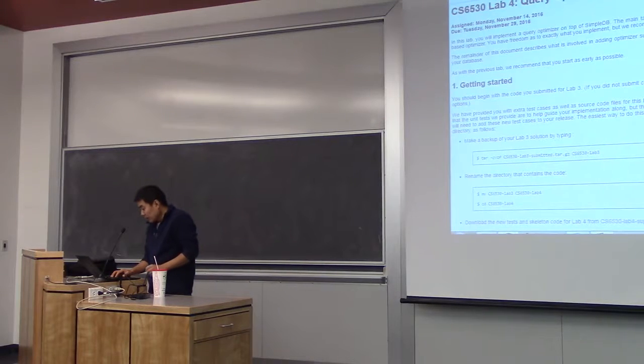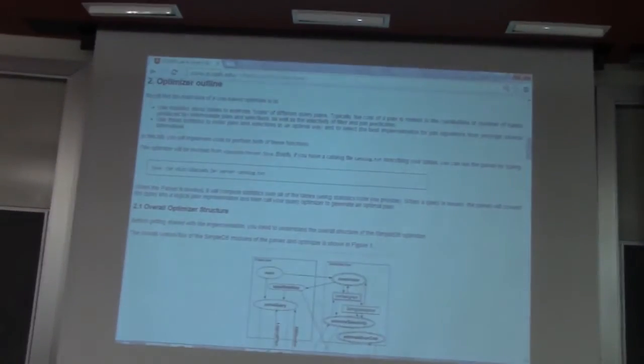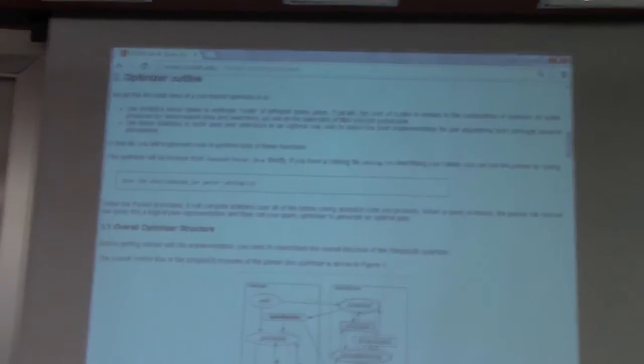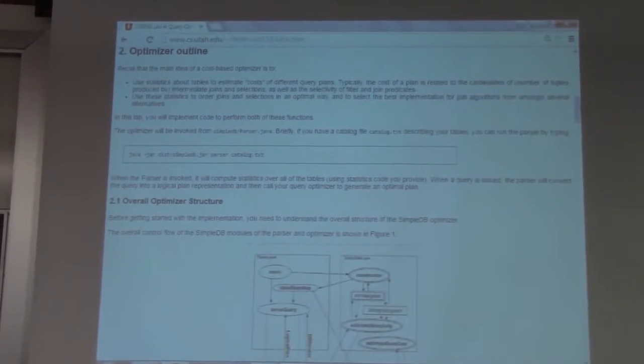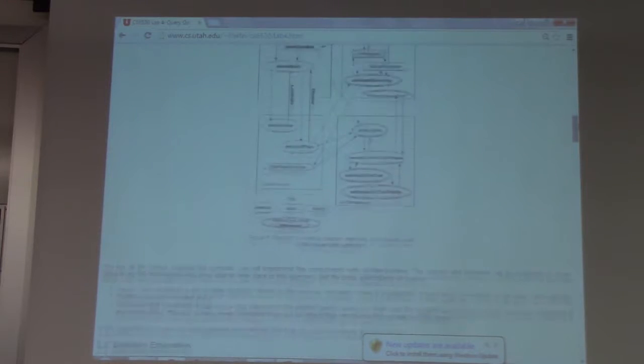The outline of the core optimizer is as follows. It follows exactly the same sequence of discussion we had in our lecture slides. We start with an overview of the core optimizer.